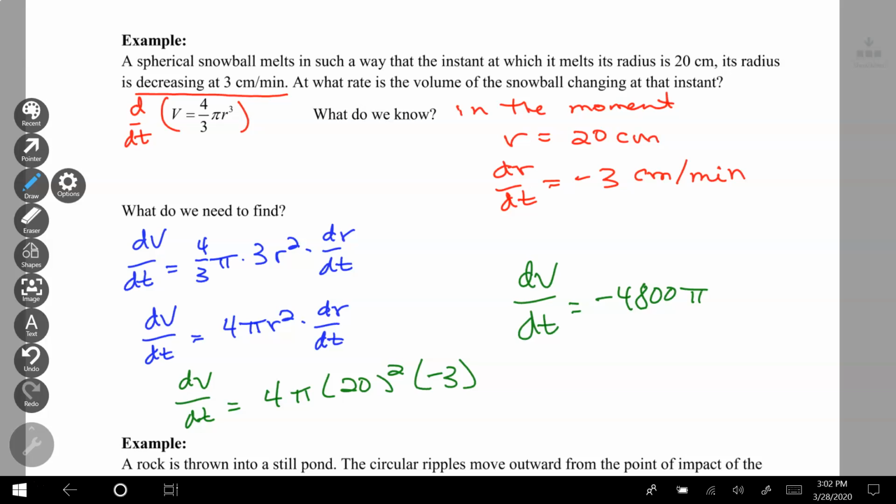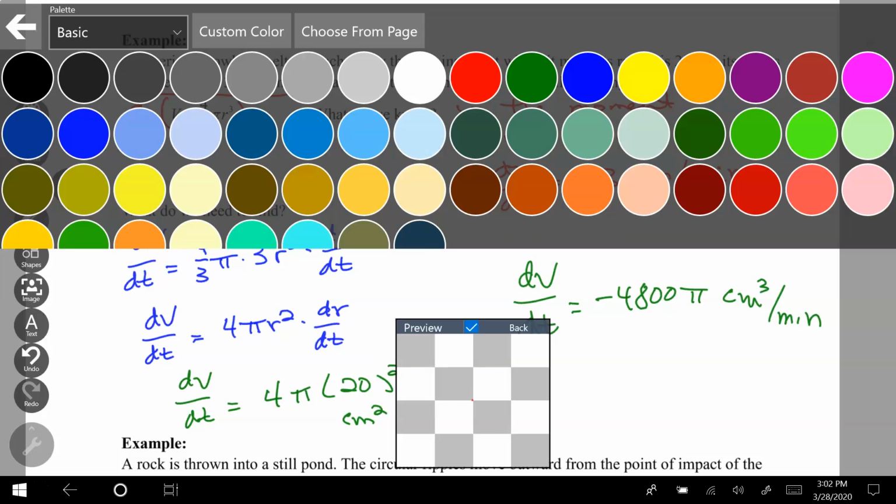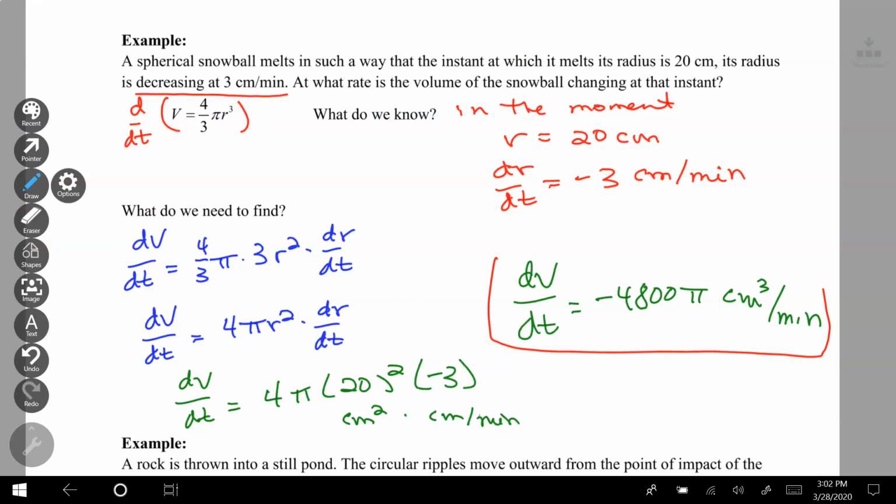And let's see, my units, well, these were centimeters squared, and this was centimeters per minute. So I get cubic centimeters per minute. Please make sure for these type of problems you do include your units. You can call this v prime if you want, but it is decreasing. That's why it is negative.